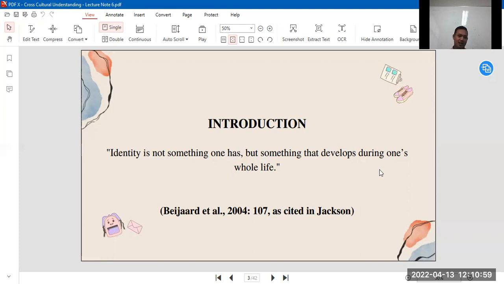These characteristics and facets of identity will influence our intercultural relations. We will have discussions about the connections between identity, language, and also culture in today's meeting. Let's continue.